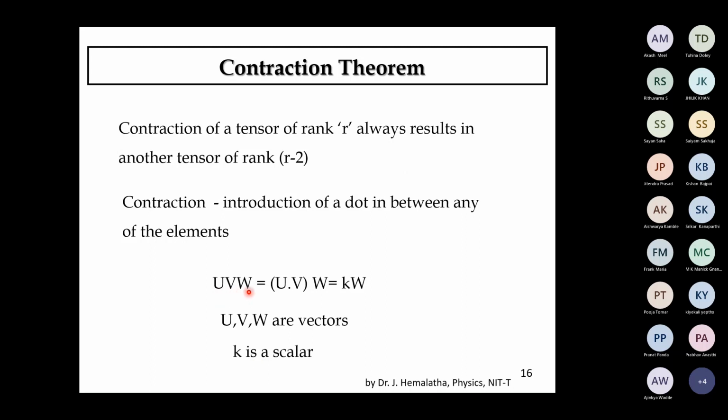U, V, W, each of them are tensors of order 1. When you take a direct product, you add the tensors. So 1 plus 1 plus 1. So on the left hand side, the rank of this tensor was 3. But now after involving the contraction process, it has become a single vector, a scalar multiplied by a vector. So here 0 plus 1 only.